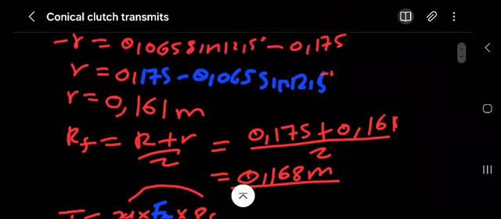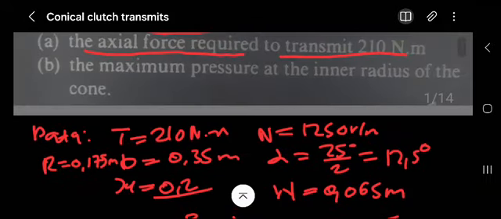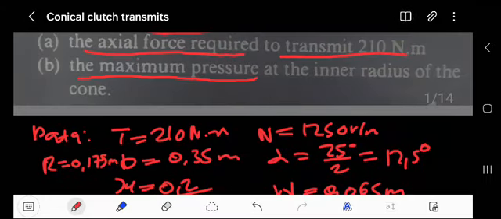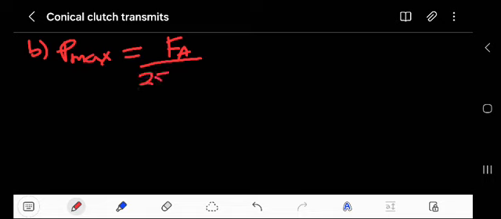For B, we should calculate the maximum pressure at the inner radius of the cone. The maximum pressure, P max, is equal to axial force divided by 2 pi, times small r, times R minus r.